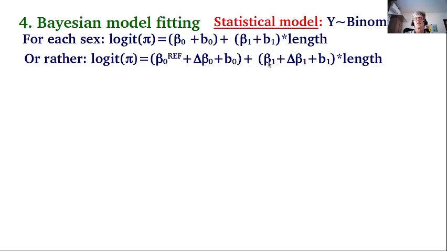Again, this is the slope, this is the intercept for the reference sex, and this is the differential of intercept between the reference sex and the other sex, and these are the population level coefficients, the group level coefficients depicting the departures from the population level effects at the level of each farm.